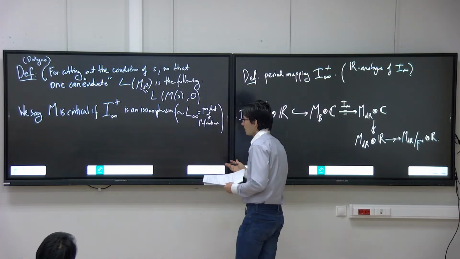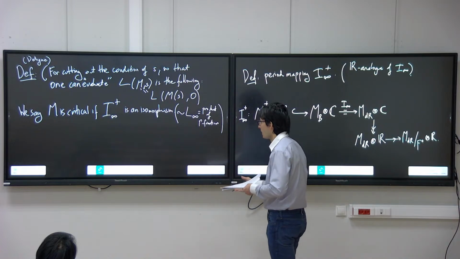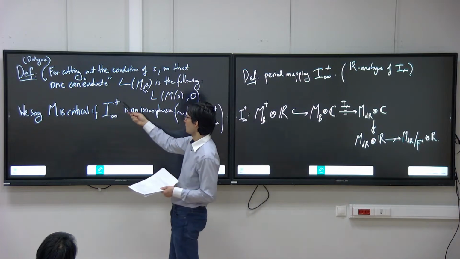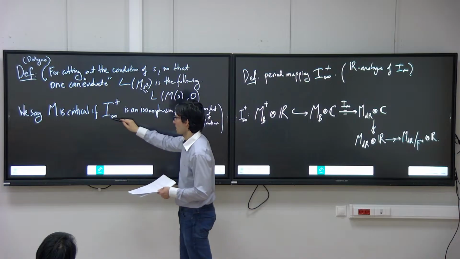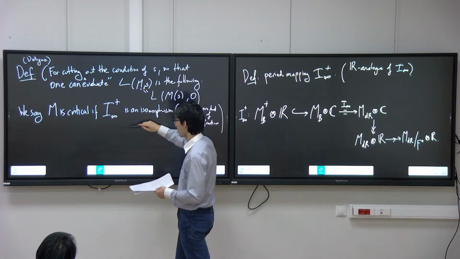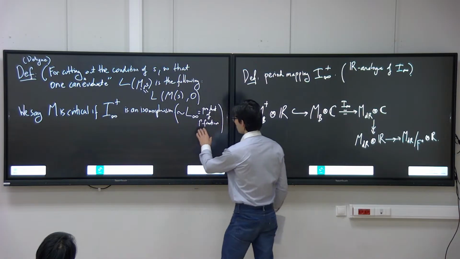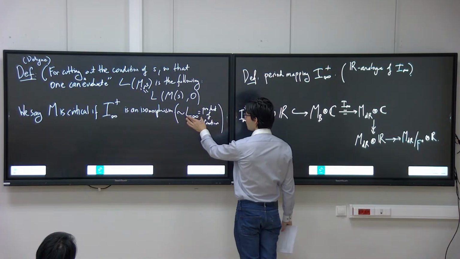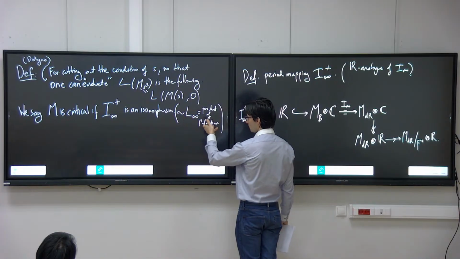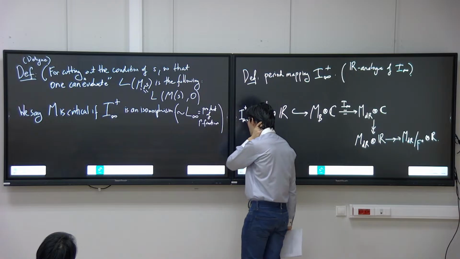And it turns out that, through some playing around, I infinity plus being an isomorphism, so what happens in the real part, not the complex part, is related to the fact that this L infinity term is finite and non-zero.